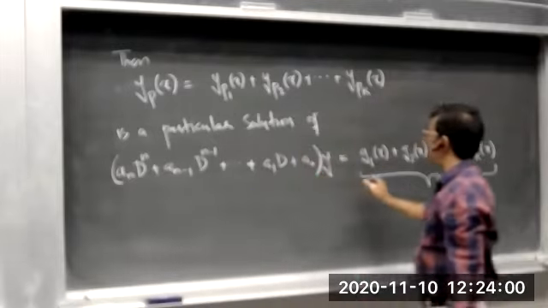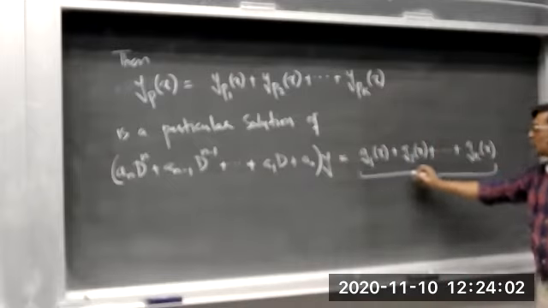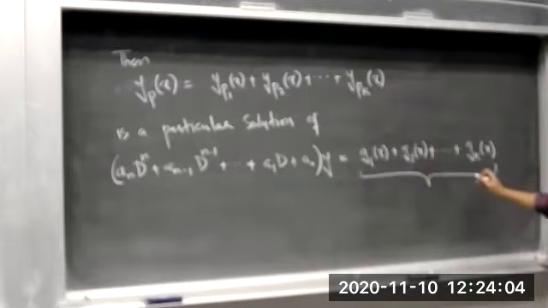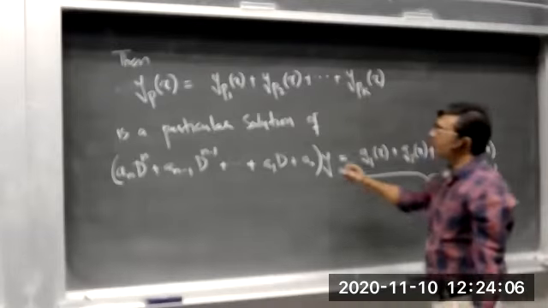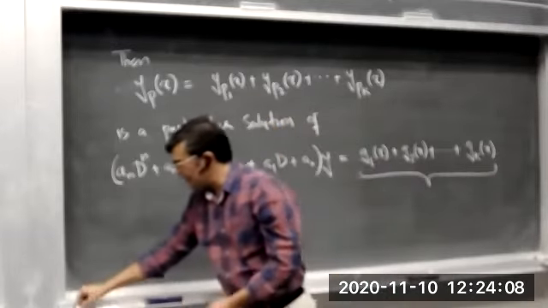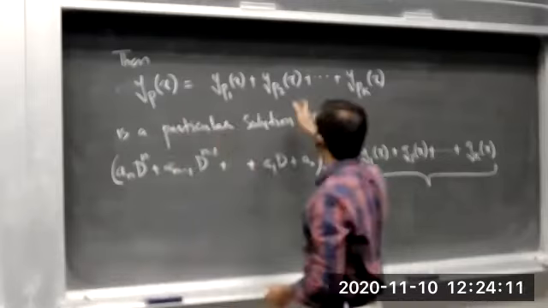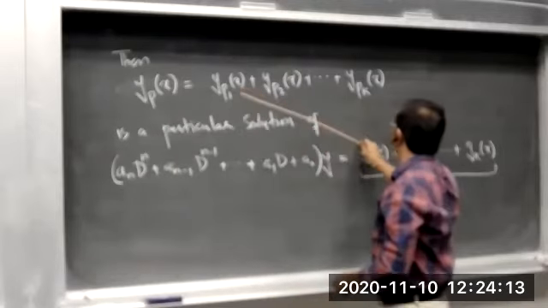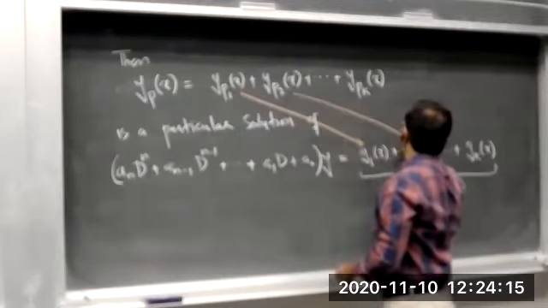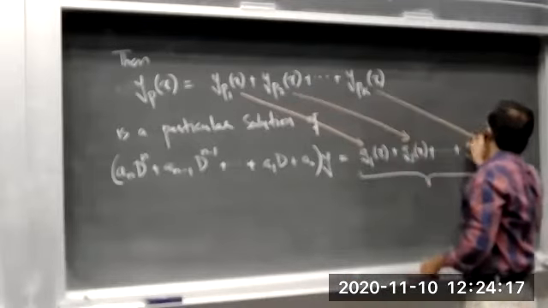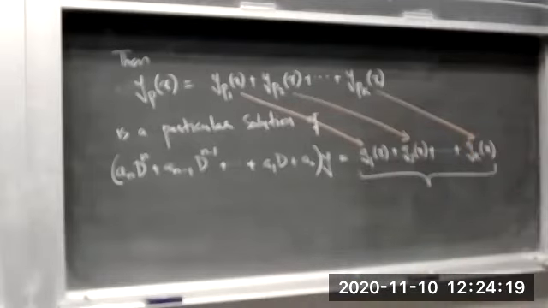Left hand side remains same, but here we took the sum of all right hand side functions. This is the solution corresponding to g1, this is the solution corresponding to g2, and this is the solution corresponding to gk.